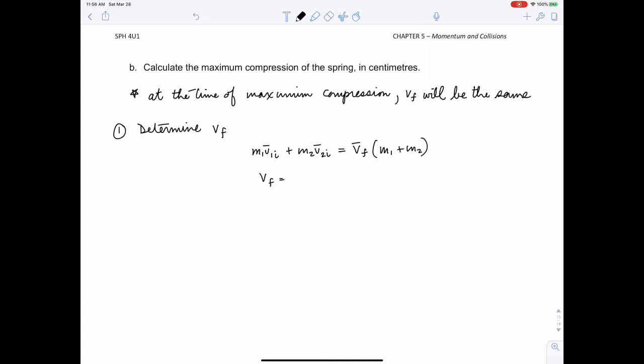Solving for final velocity, or rearranging for final velocity, we end up with m1 v1 initial plus m2 v2 initial divided by m1 plus m2.